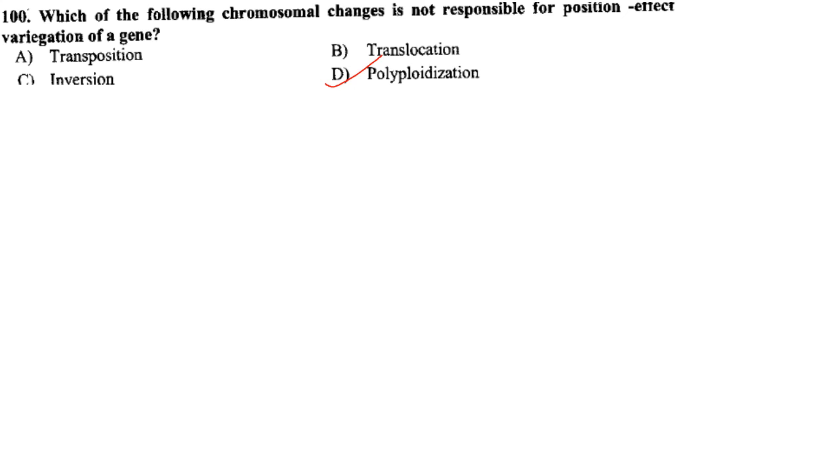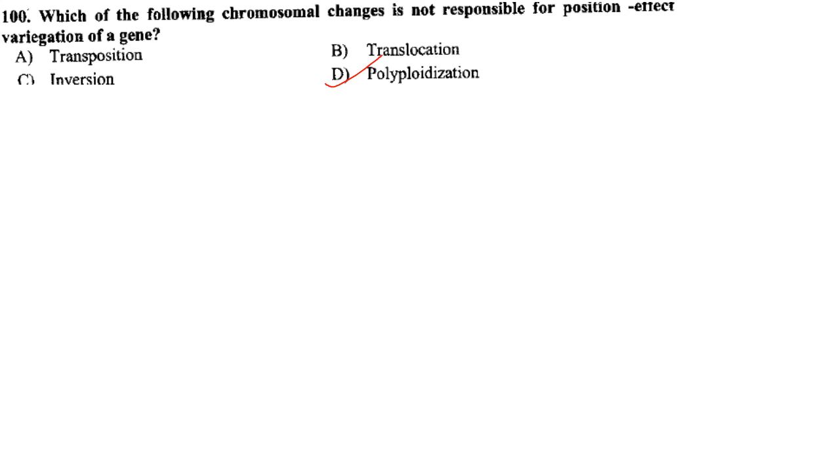Which one of the following chromosomal changes is not responsible for position effect variegation of a gene? So position effect variegation usually occurs when a chromosomal rearrangement, that is an inversion, translocation or transposition, places a gene that is normally found in a euchromatic environment next to a broken piece of heterochromatin.